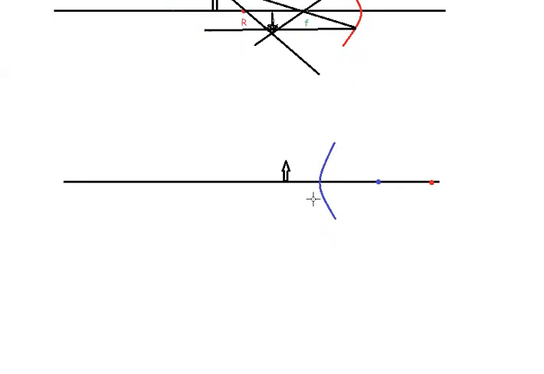So a ray that travels horizontally before it hits the mirror will reflect as if it came from the focal point. So we go horizontally to the mirror, and then it reflects as though it came from the focal point, but the focal point is now on the other side of the mirror.